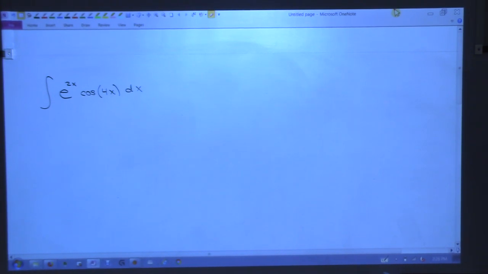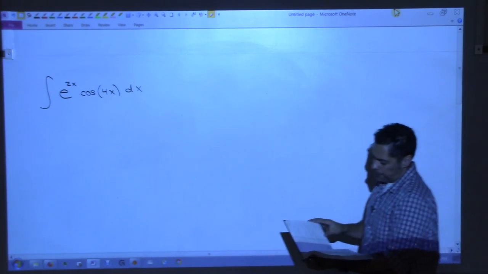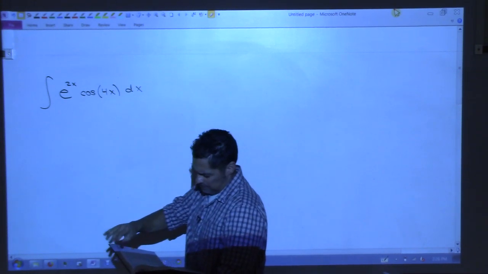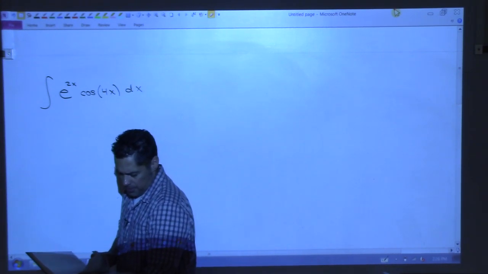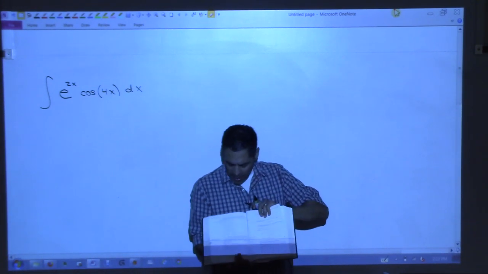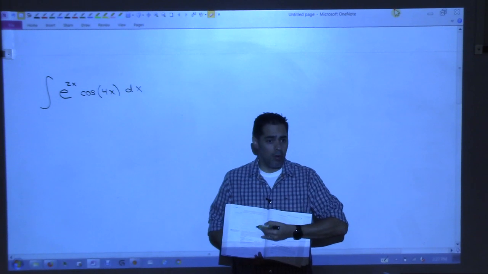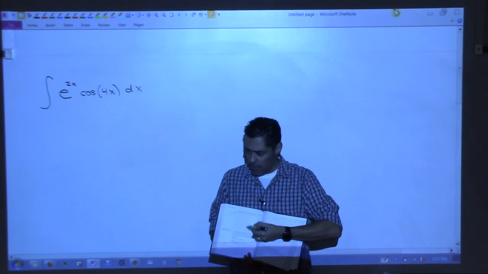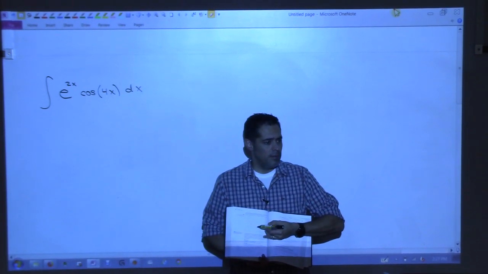Integration by parts, probably several times, in order to get it to appear on the other side. It's one of those where the integral won't go away, but it'll reappear, and we could probably work it out. Now, in your book, on page 484, there is a table of common Maclaurin series, and I just told you about this a little while ago. I will provide you this table on the final.